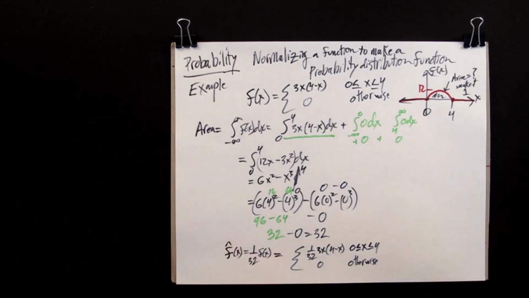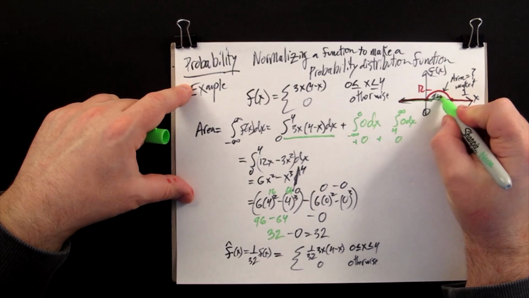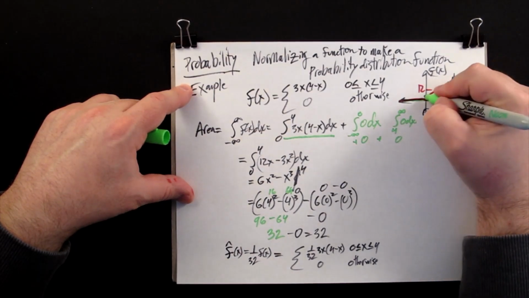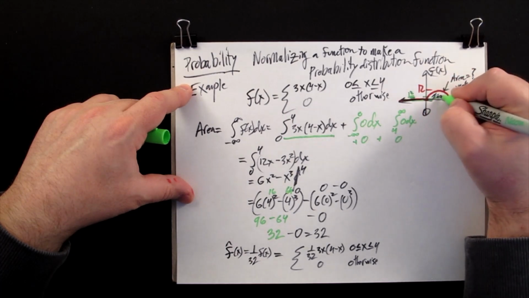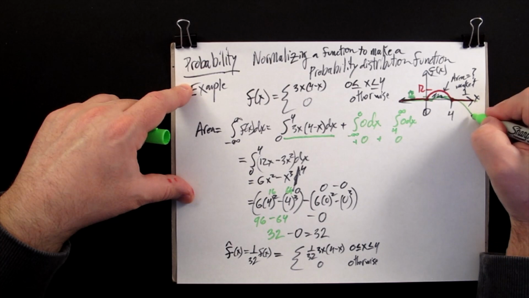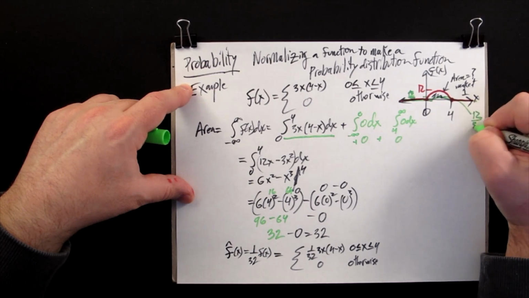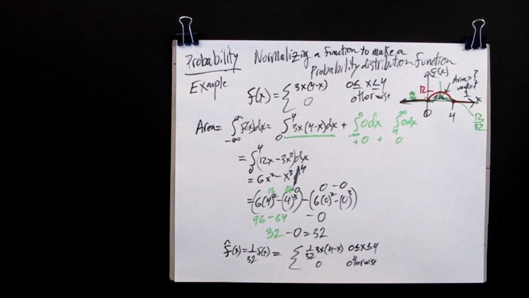So the effect here is that we've taken this graph and we've adjusted the height down to 12/32. So that peak is now 12/32 here. Let me rewrite this. We've just scaled it down. That's really all we're doing with this.